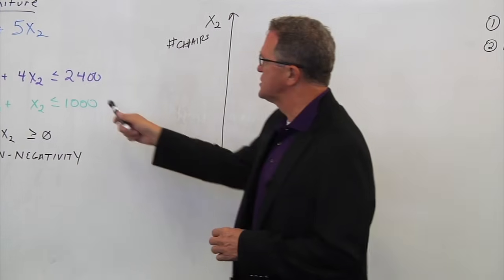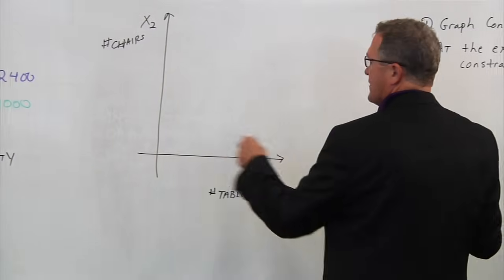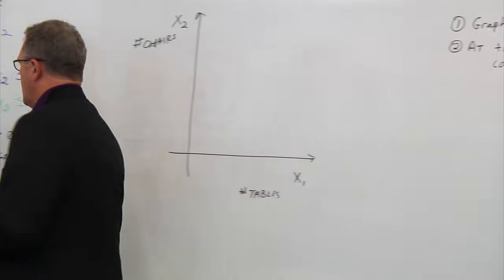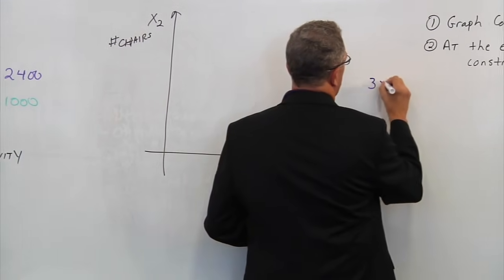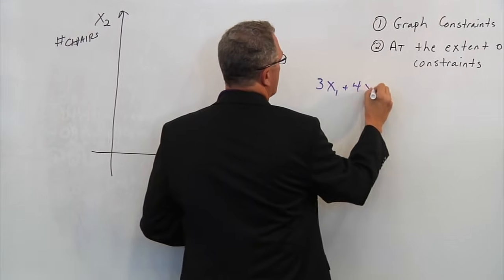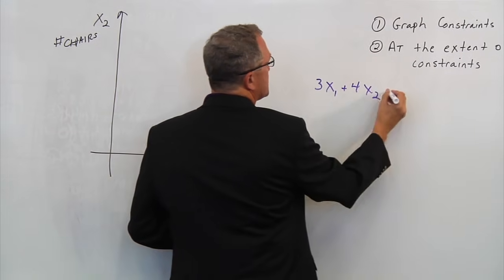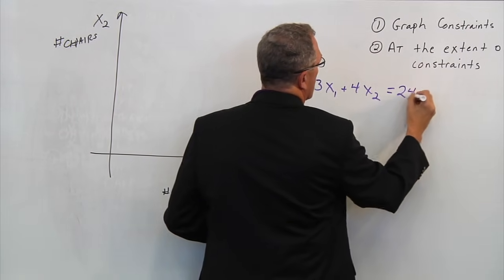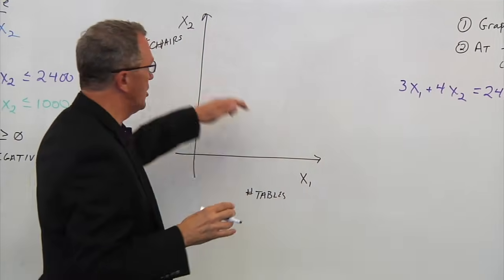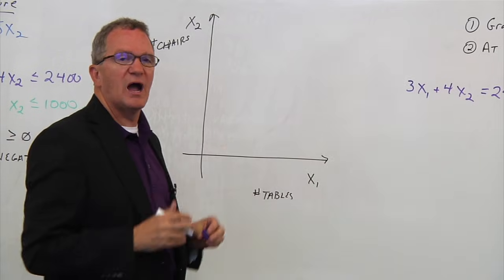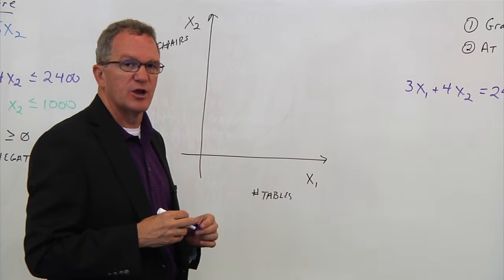So when I want to graph it, I'm going to graph it as 3x1, 3 hours for every table, plus 4x2, 4 hours for every chair, equals 2,400. To put the constraint on here, I have to constrain it where I have used the entire constraint.